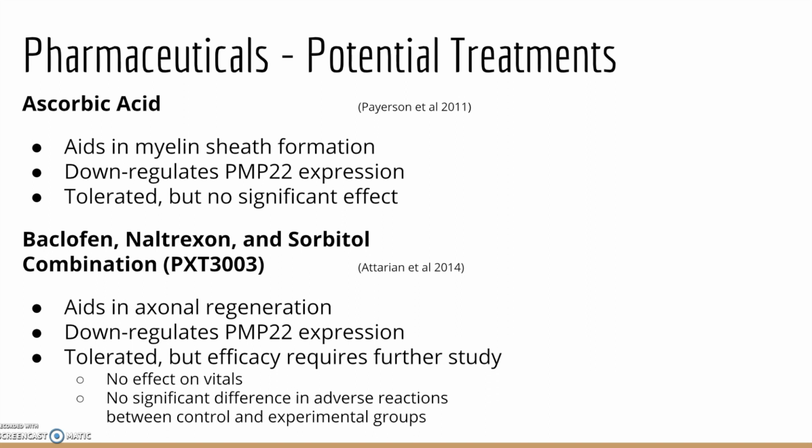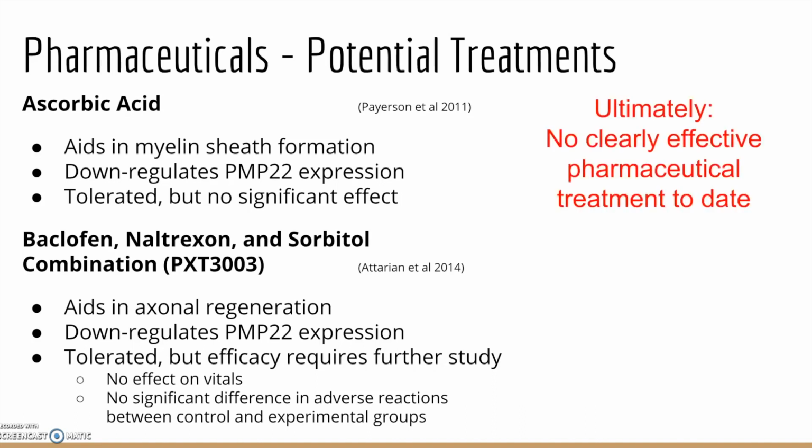However, a 2-year study by Pearson et al., authored in 2011, showed no significant evidence of ascorbic acid's benefit to CMT1A patients. A 2014 study by Atarian et al. focused on the tolerability of PXT3003, but did have some significant results regarding its effect on treating CMT in its high-dose group. Both studies found ascorbic acid and PXT3003 well tolerated by patients.